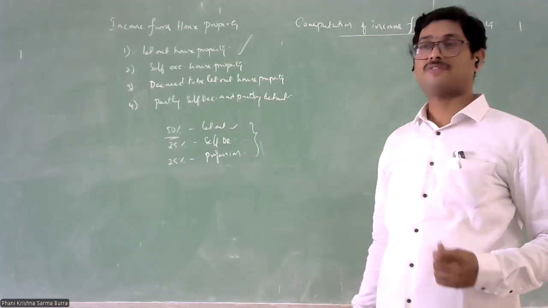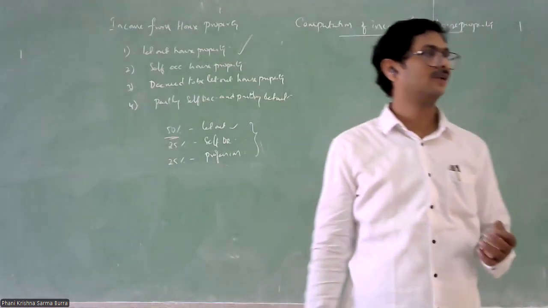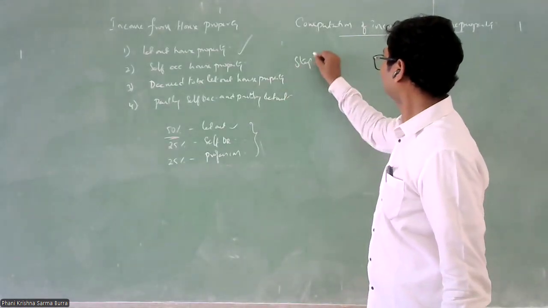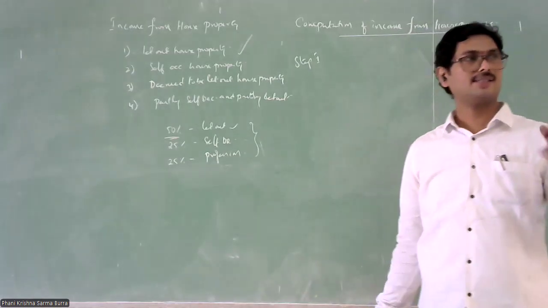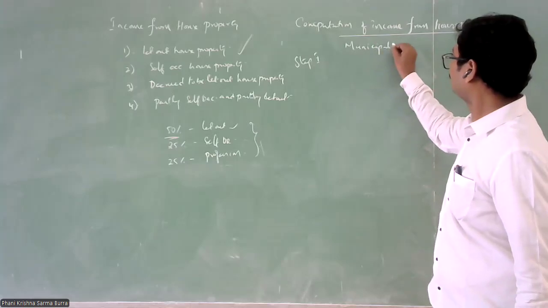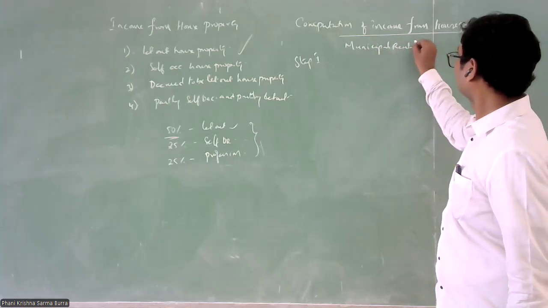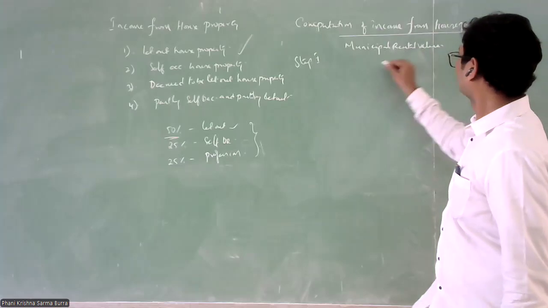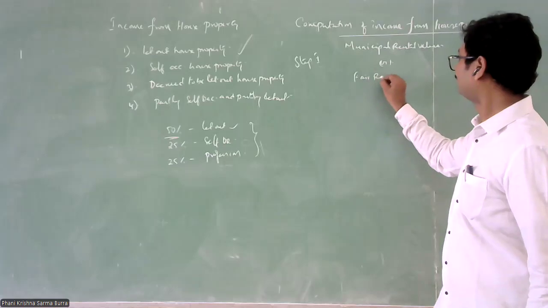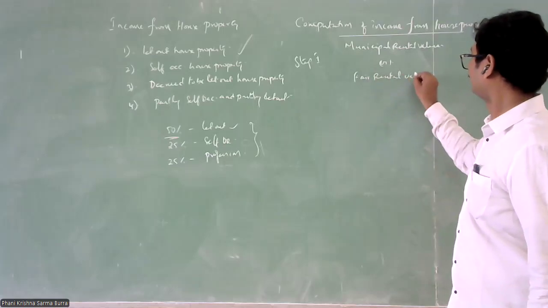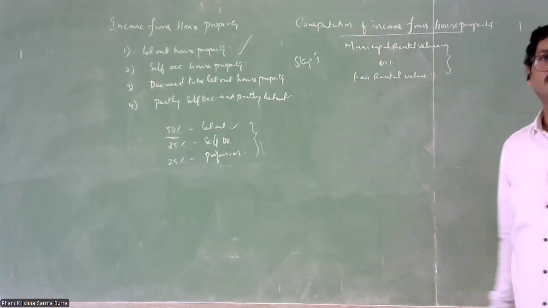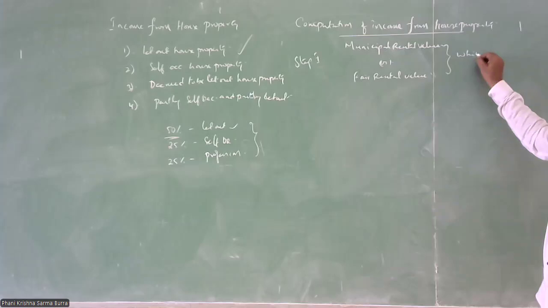To find the house property value, follow three steps. Step one: I consider the municipal rental value and compare it with the fair rental value, whichever is higher.